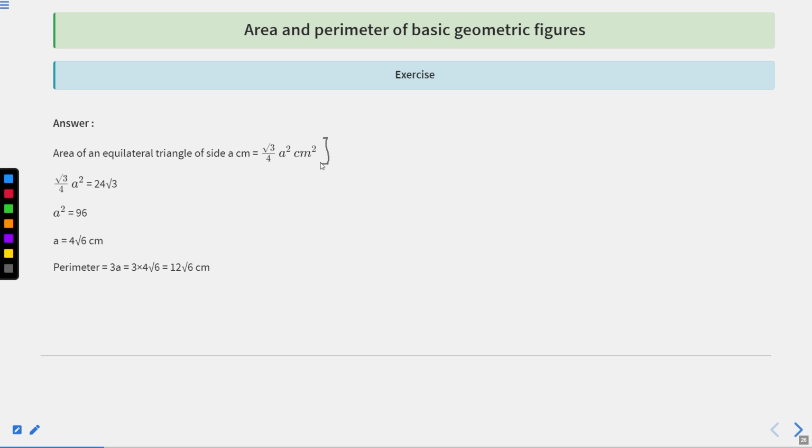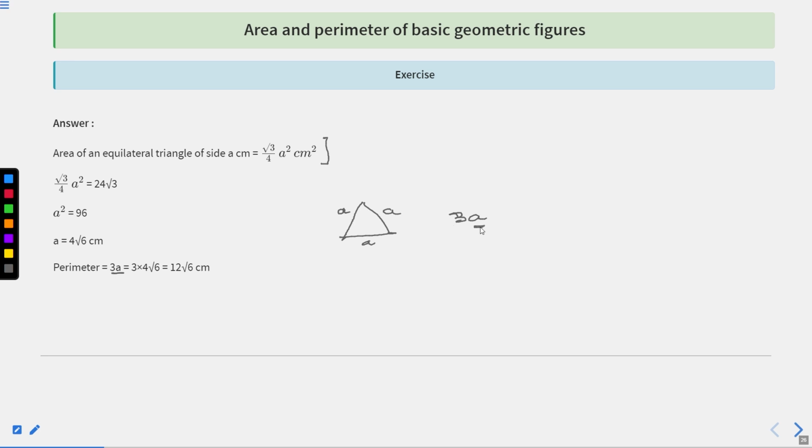And what will be the perimeter in this case? It will be 3a. Why? Because all the sides are equal, since it is said that it is an equilateral triangle. So it will be a, and perimeter is the sum of all the three sides, so it will be 3a.